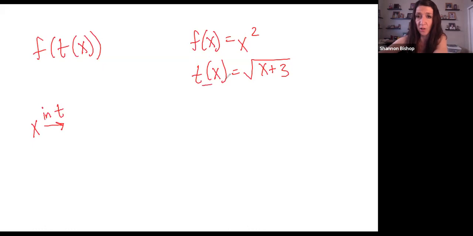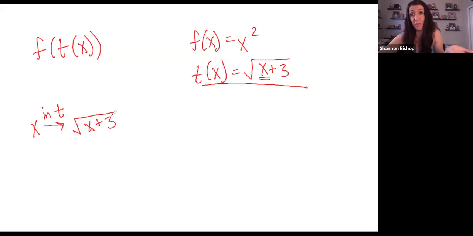Okay, so here's the function called t. Plug an x in. You're like, Bishop, don't you just get the same thing back? Yes, yes you do. So if you plug x into t of x, you're like, I have the formula.